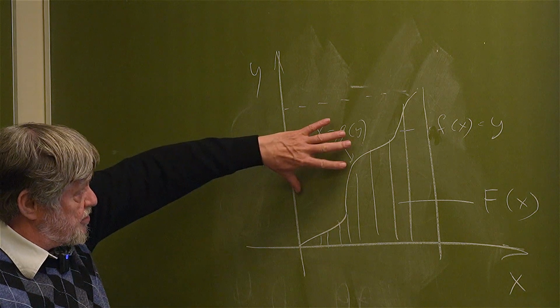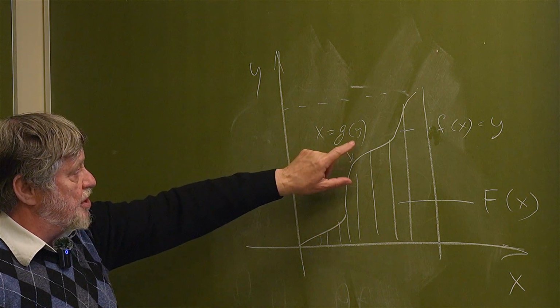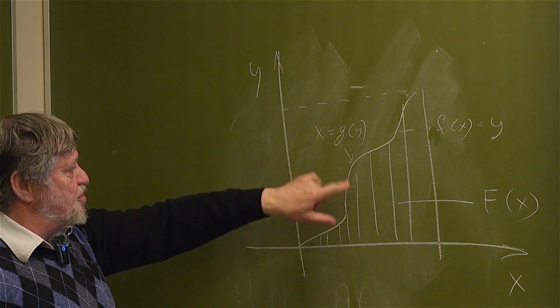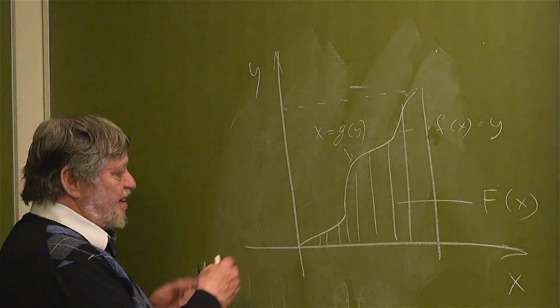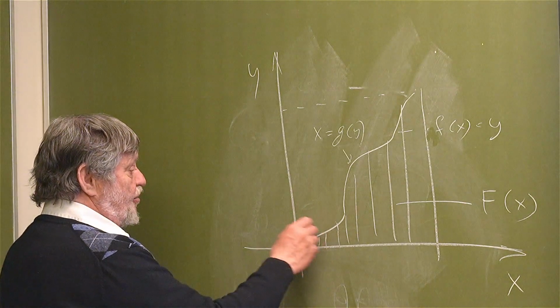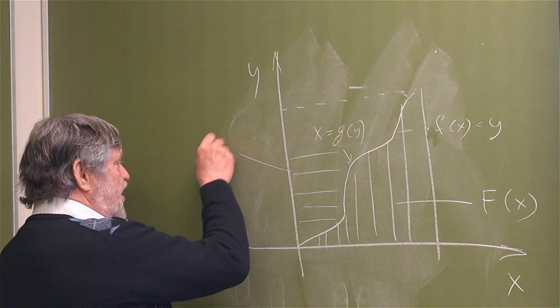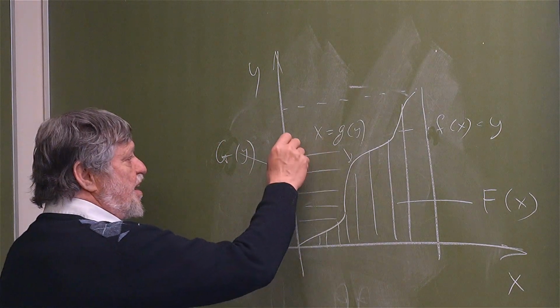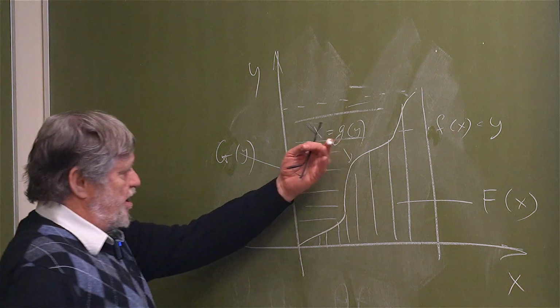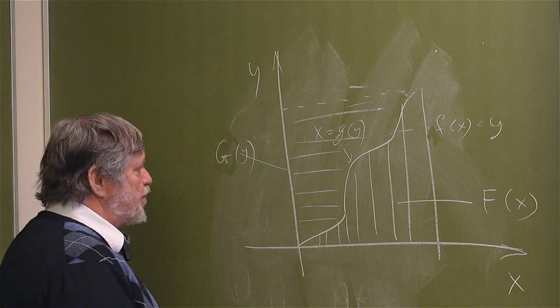So if I inverse this relation, I basically change the position of axes x and y, and the antiderivative of that, G of y, is the area to the left of that curve.